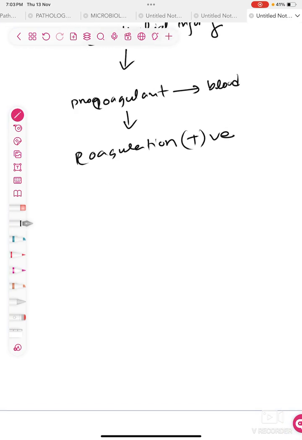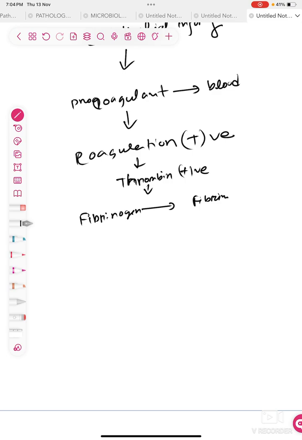What the coagulation pathway does is activate thrombin, which is a coagulation factor. What thrombin does is convert fibrinogen into fibrin.